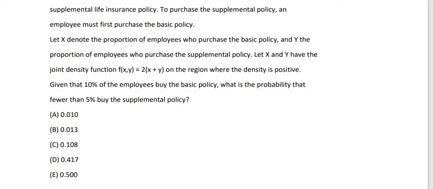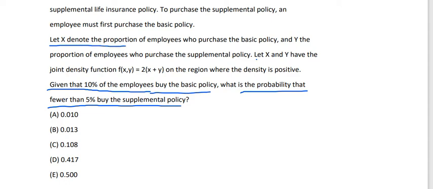So this problem says, given that 10% of this thing, what is the probability that this is less than 5%? This is a conditional probability. So here we have x and y. What is x? X is the proportion who will purchase the basic policy.